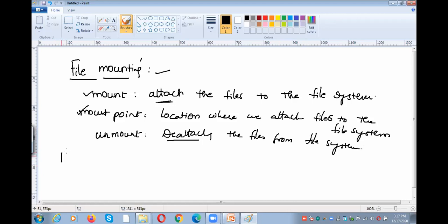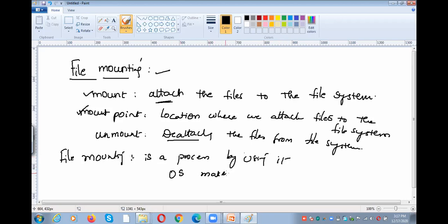File mounting is a process by which the operating system, that means the OS, makes files and directories available at a specific path.